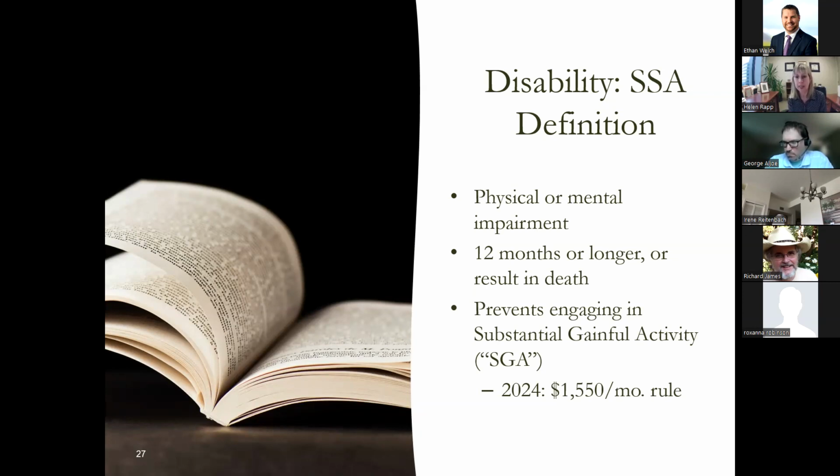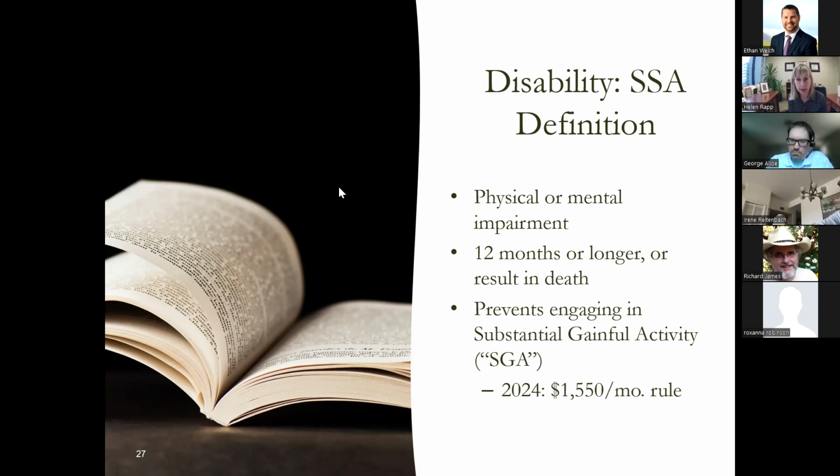And so we've listed on this slide, what does an adult have to do to be considered disabled by Social Security? They have to have a physical or a mental impairment that is expected to last at least 12 months or result in death. And that disability has to prevent them from engaging in something called substantial gainful activity.